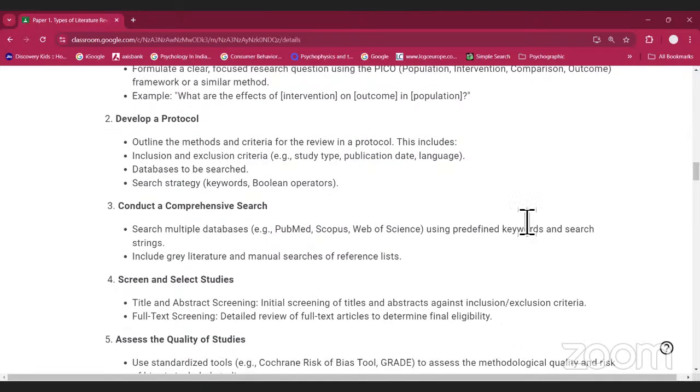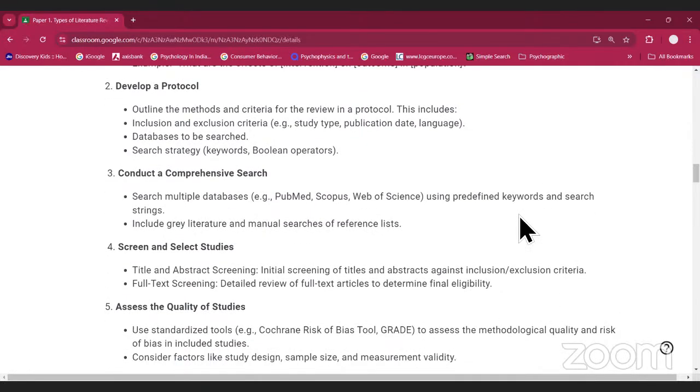Next. Screen and select studies. Title and abstract screening. Initial screening of titles and abstracts against inclusion/exclusion criteria. Full text screening. Detailed review of full text articles to determine final eligibility.